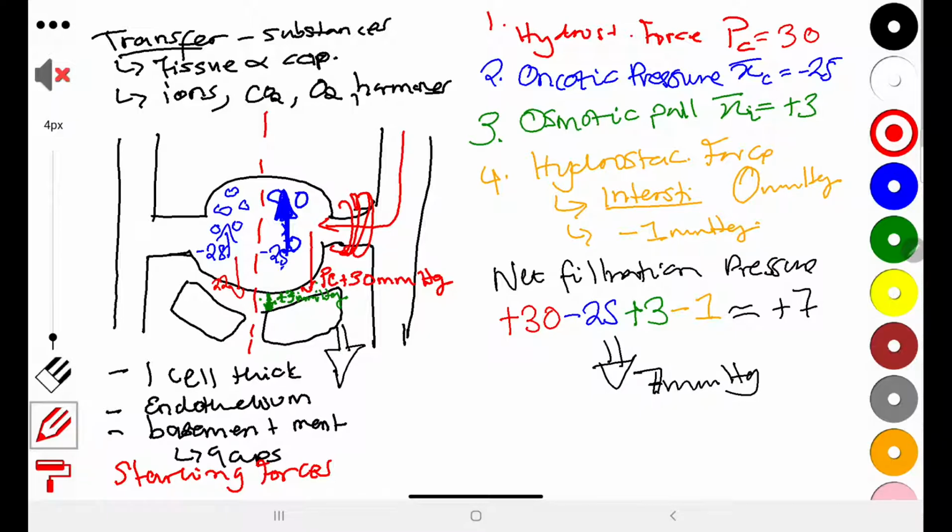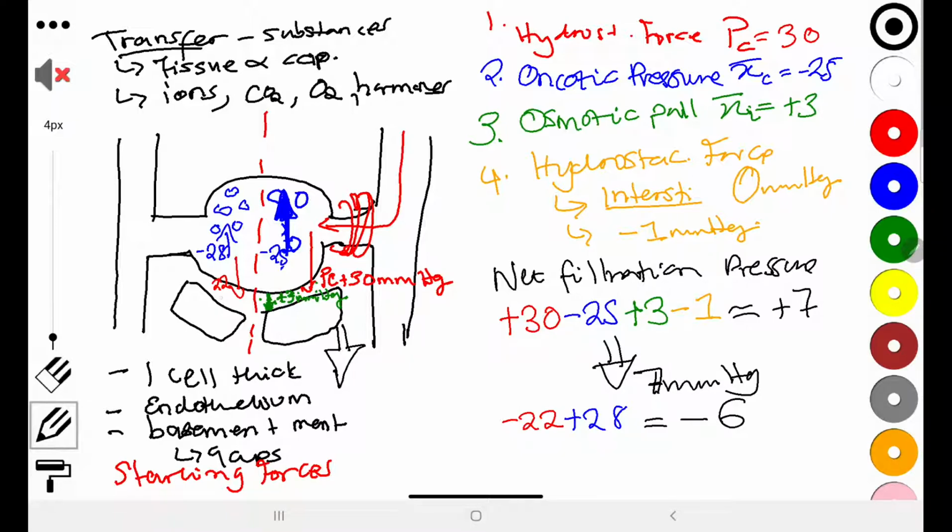Let us see what happens just with these two. What happens with just these two is that you have 22, negative 22, and then you have plus 28. So your final is actually a negative 6.